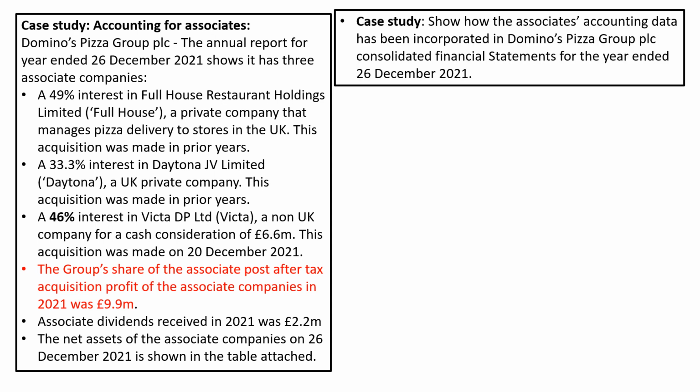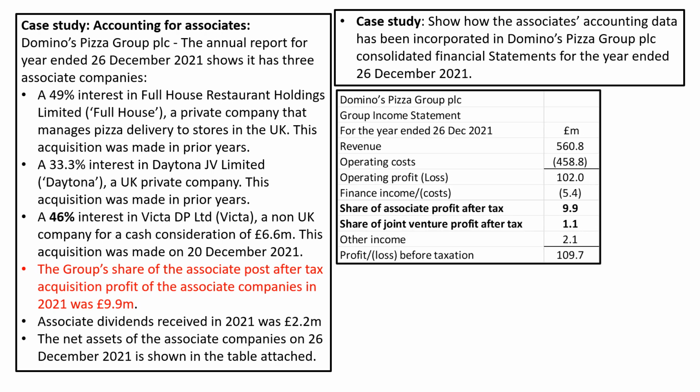Here we have the case study, which is Dominion Pizza Group plc, which has 3 associates, and we show how these 3 associates are incorporated in the consolidated financial statements for the year ended 26th of December 2021.